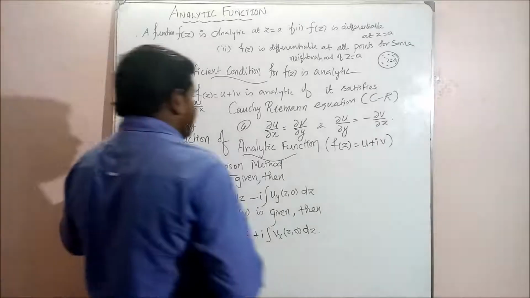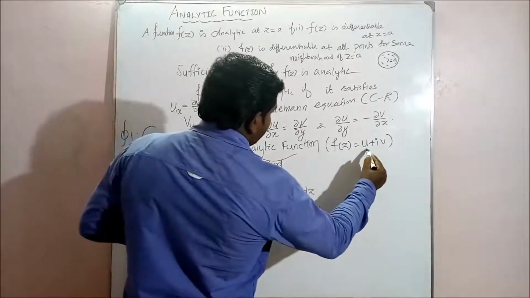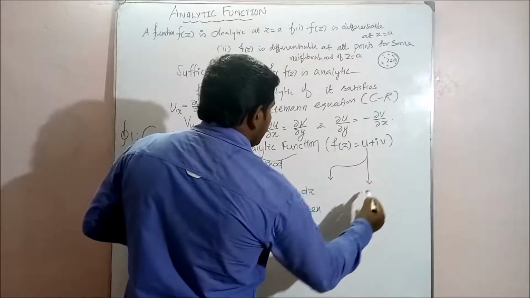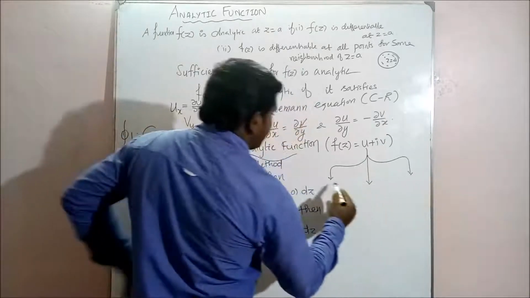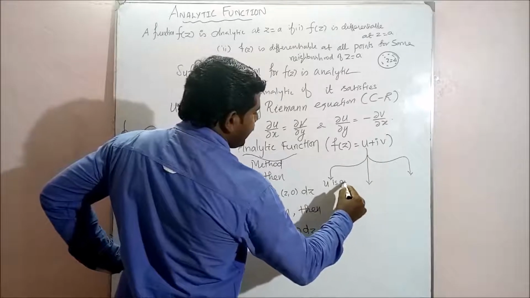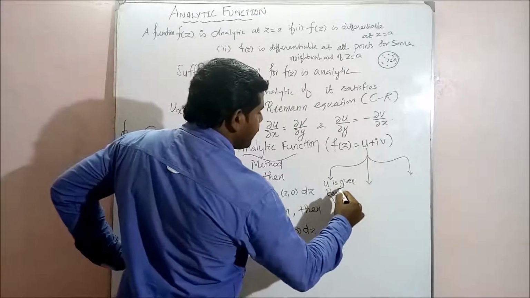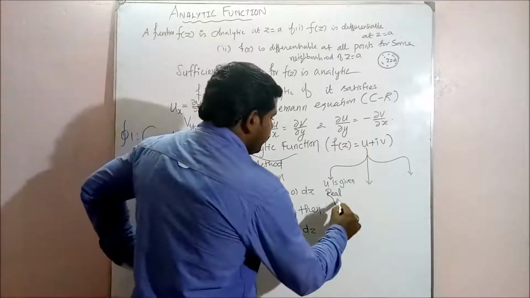For making an analytic function, we have three types of problems. The first type is important. Suppose the real part is given, so u is given, this is the first type. Real part கொடுத்துக்கிட்டு f of z கேட்கிறது, so first type.